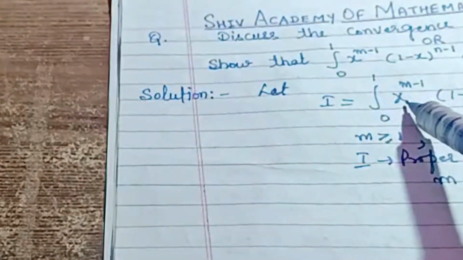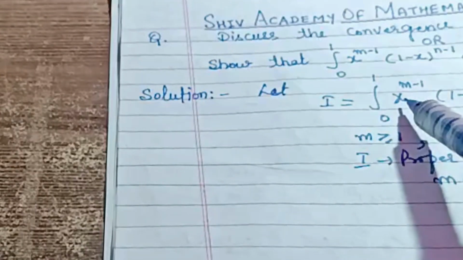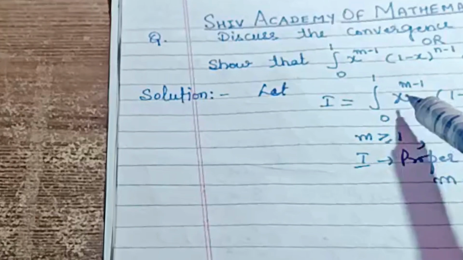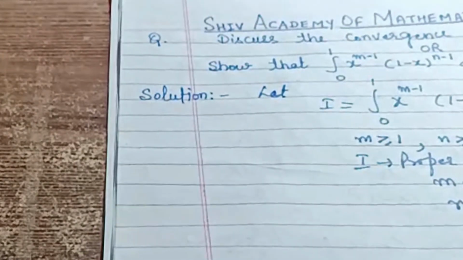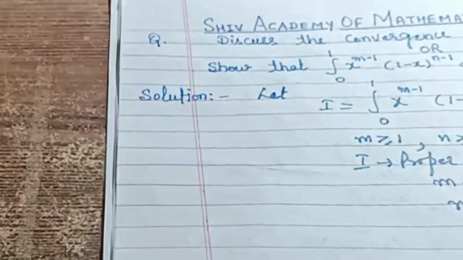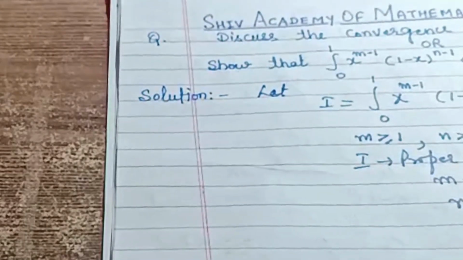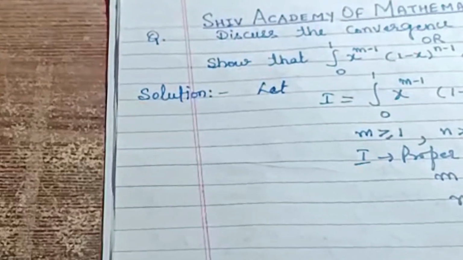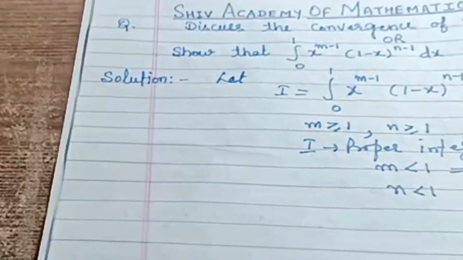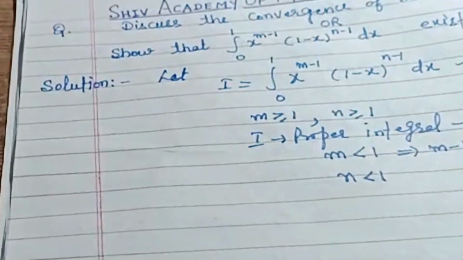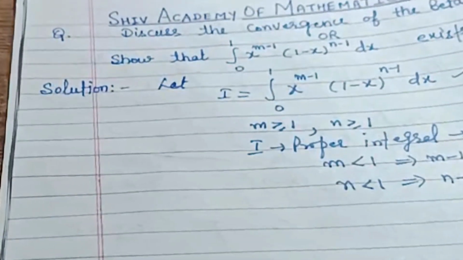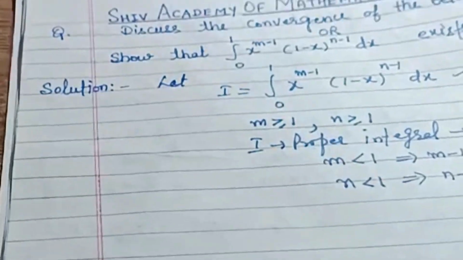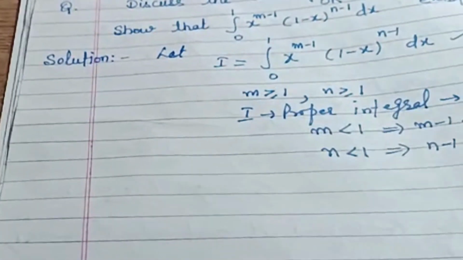In that case, 0 will be the point of infinite discontinuity. And if n is less than 1, that means n minus 1 is less than 0. In that case, 1 is the point of infinite discontinuity.